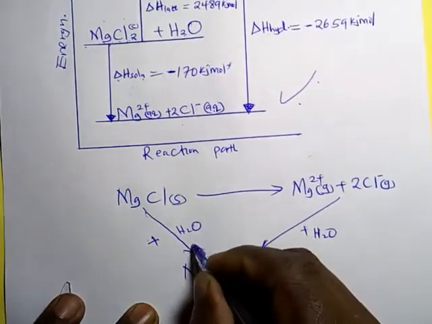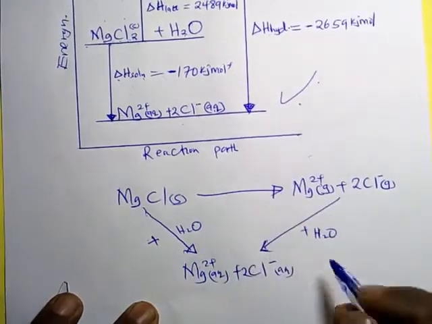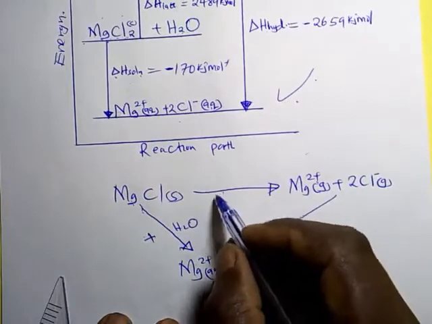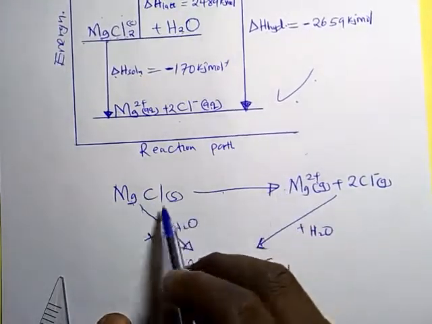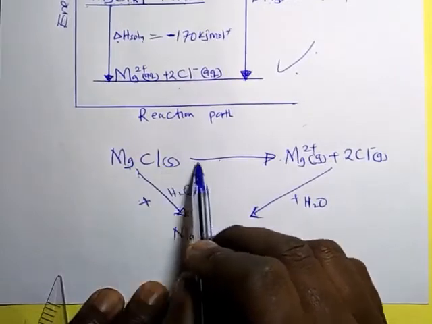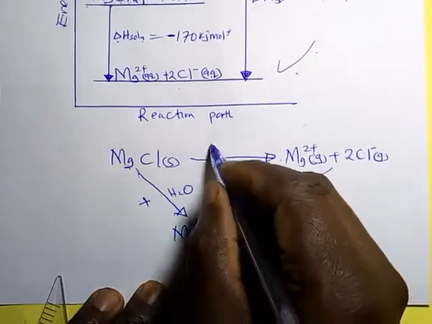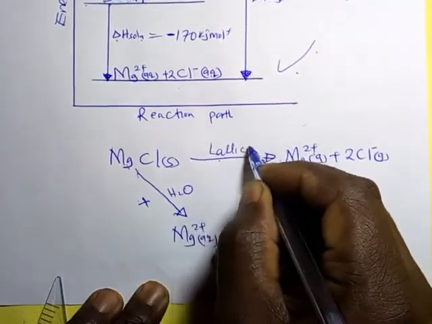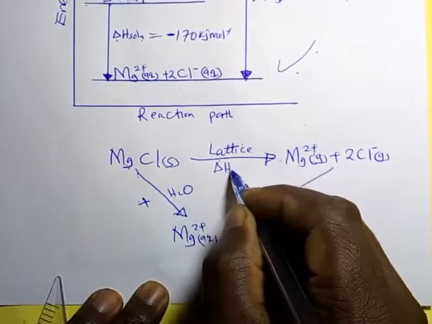And this is a simple energy level diagram. What energy change is this? From solid, bond breaking. So this is reverse lattice, that is enthalpy of lattice.